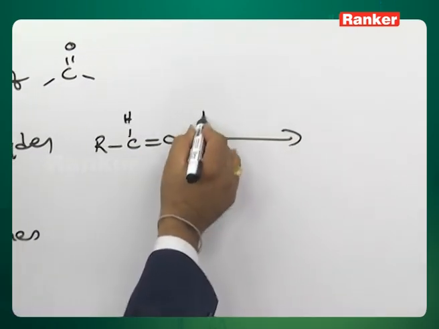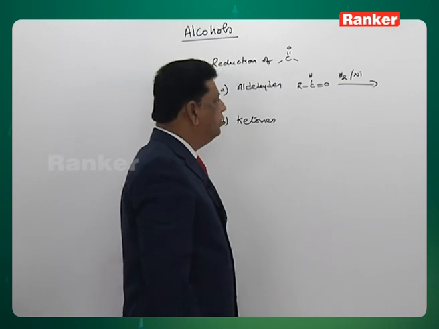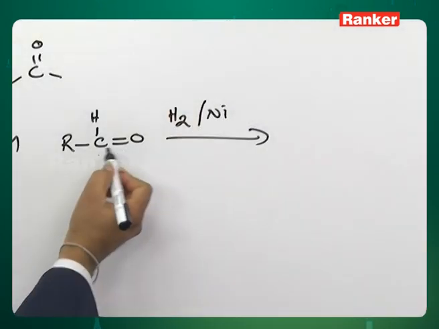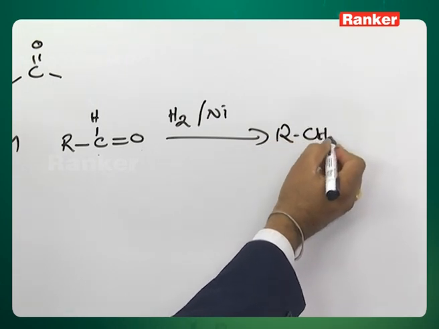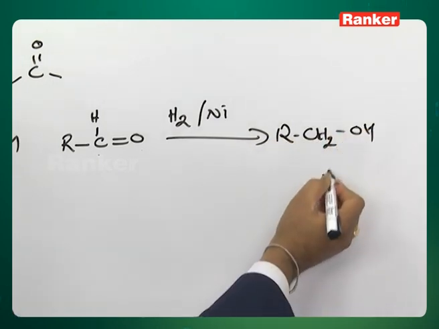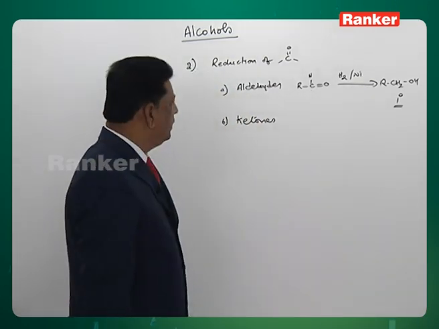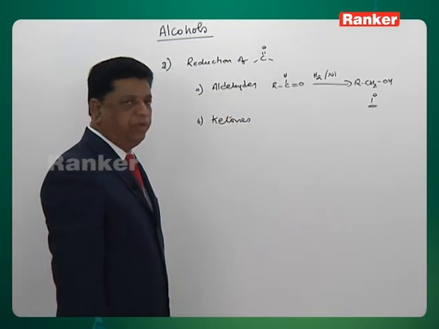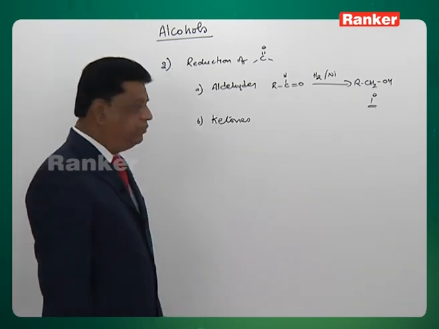The simplest reduction is using hydrogen and a catalyst like nickel. So it is an addition reaction, one H is added to each side and the compound becomes a 1 degree alcohol. You can make a note, all aldehyde reductions give 1 degree alcohols. 1 degree alcohols are prepared by the reduction of aldehydes.